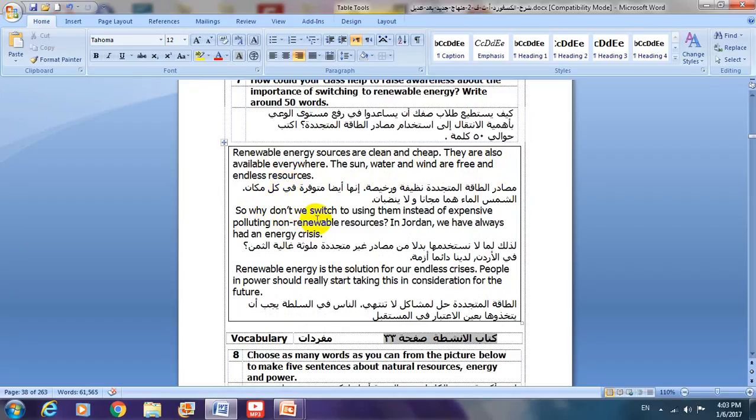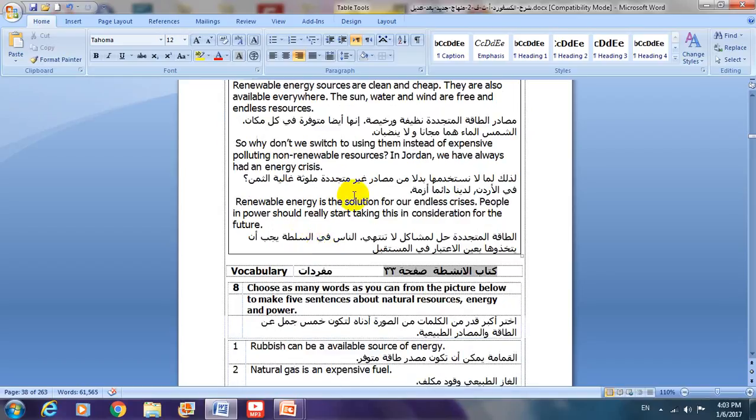So why don't we switch to using them instead of expensive, polluting non-renewable resources? In Jordan, we have always had an energy crisis. Renewable energy is the solution for our endless crisis. People in power should really start taking this into consideration for the future.